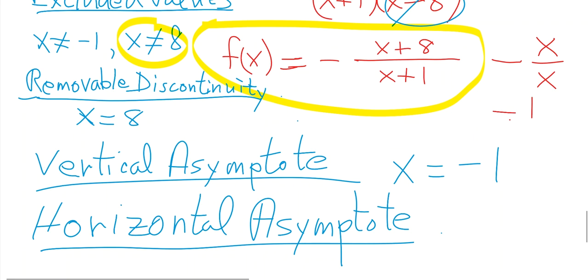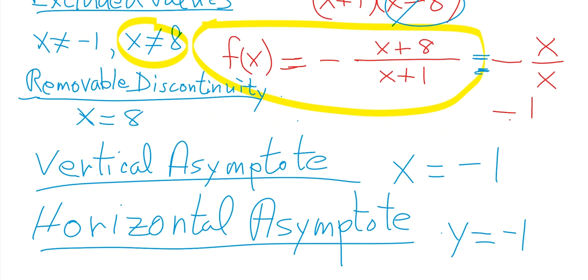So in the limit, as you let this thing go bigger and bigger, we're dealing with f of x, it begins to look like y equals negative 1. Okay? So this is what it would be if x becomes very big. It begins to look just like x over x, or negative 1.